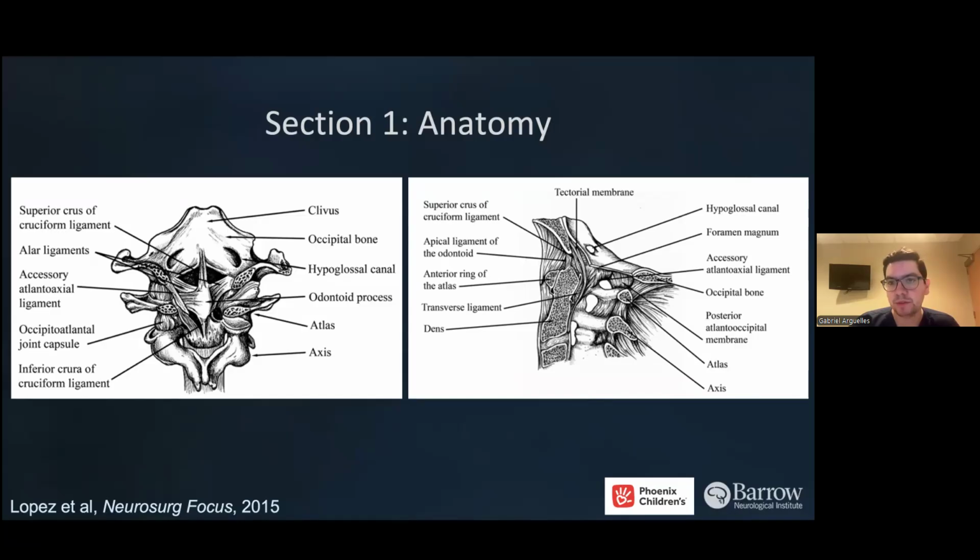So here are a couple of images showing that complex ligamentous structure with a lot of different moving parts, really anchored by the axis, the atlas, the clivus, and the foramen magnum. We'll go over them one by one, and following that, we'll go into some of the injuries we can see in children.